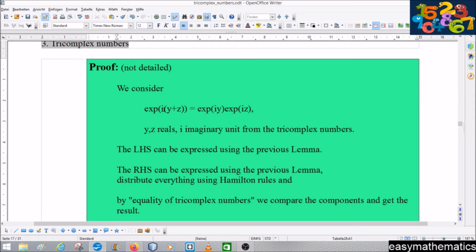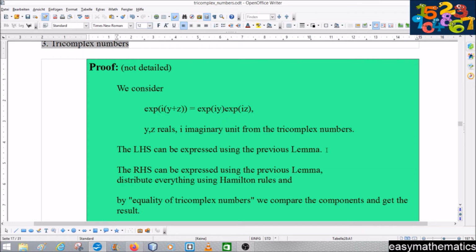We have seen before that if we have a sum in the exponent of the exponential, it becomes a product. And the left-hand side can be expressed using the previous lemma.